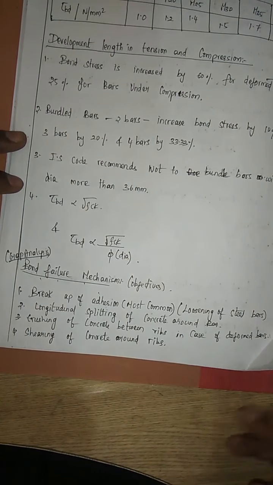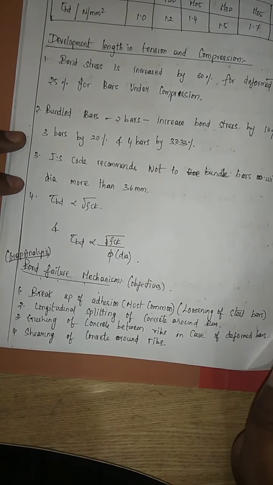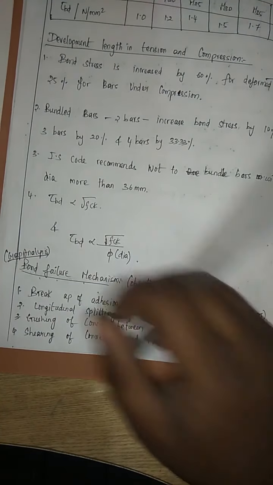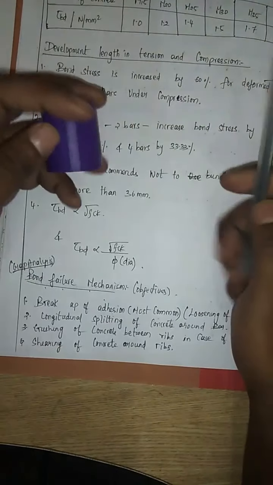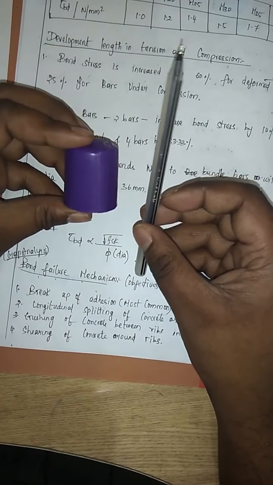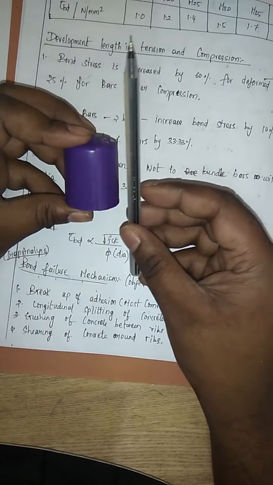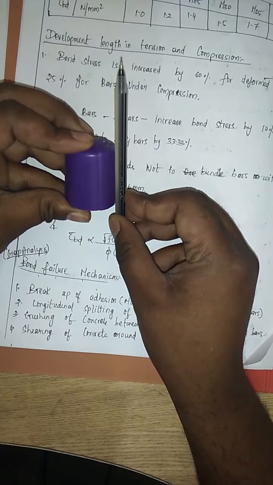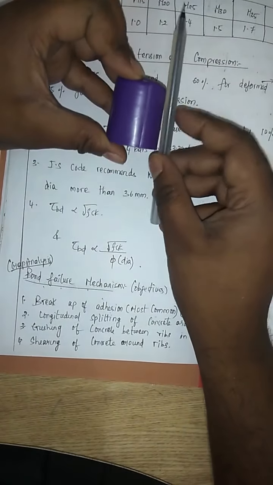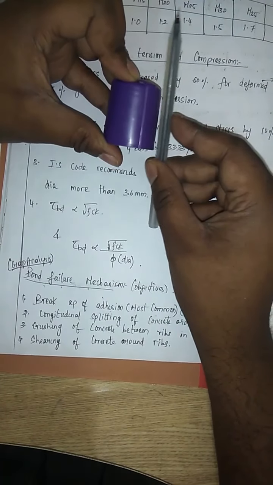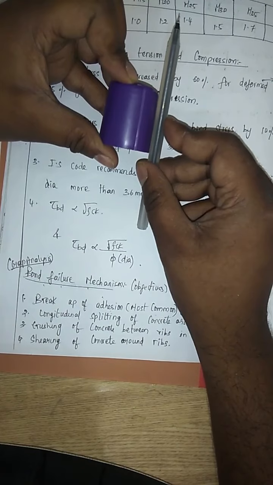Adhesion is nothing but the sticking property between two materials. For example, I can show these two materials. This is a pen, this is a cap. Adhesion is nothing but I am sticking this pen to this cap. If it is stuck and it's not coming out, this is called the adhesion property.